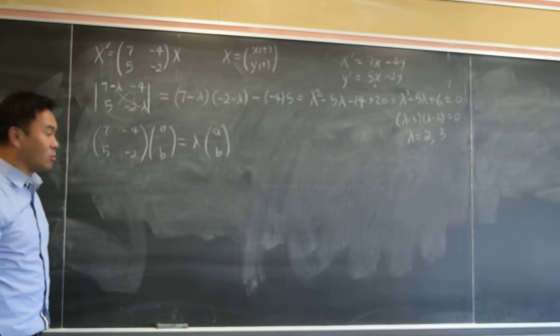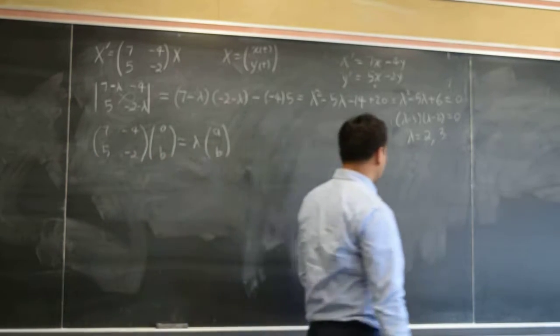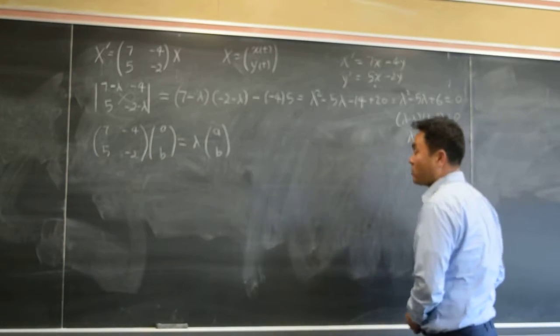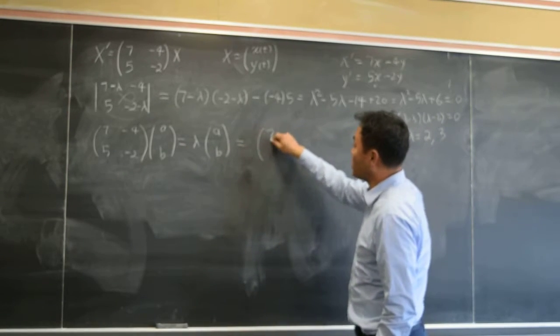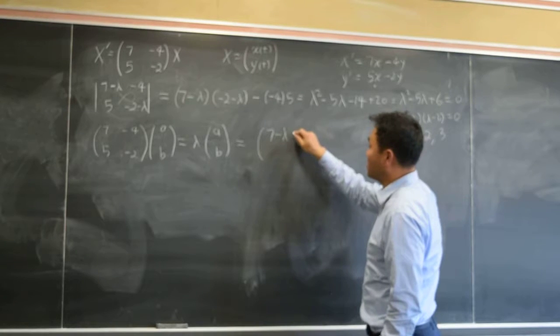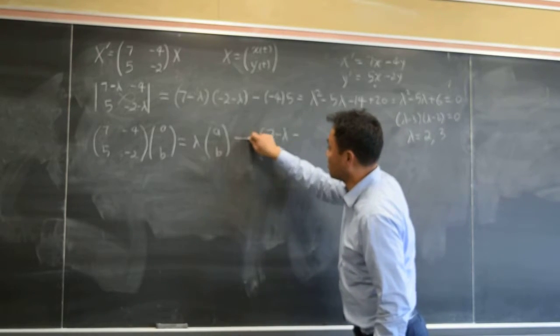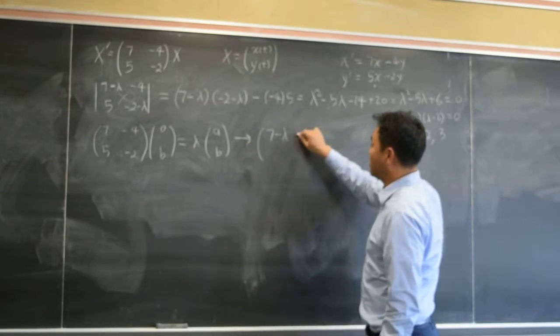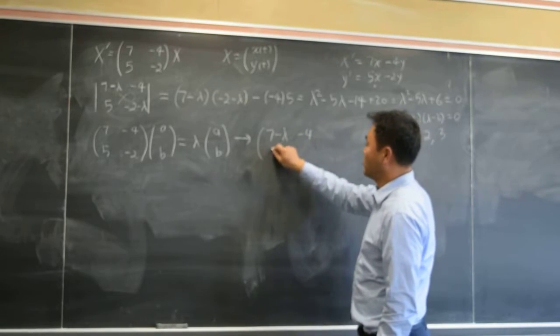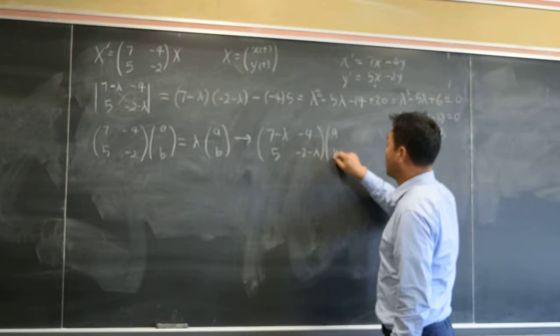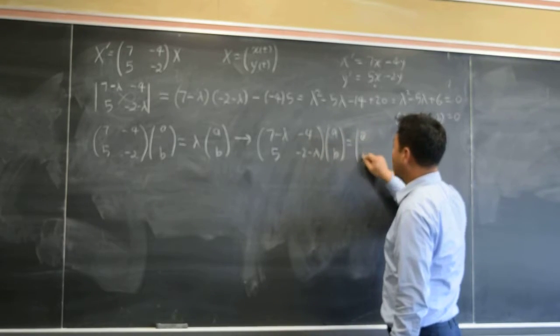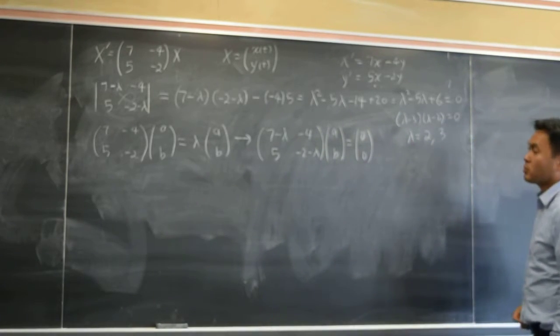That's what eigenvalues mean, but equivalently you can rewrite this by subtracting lambda off the diagonal, and the product equals 0.